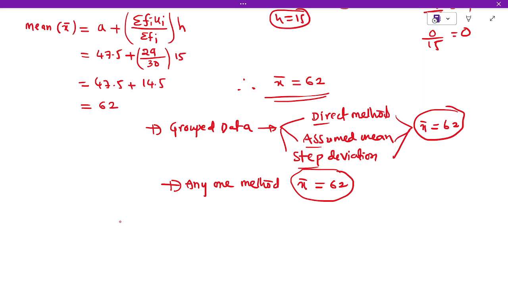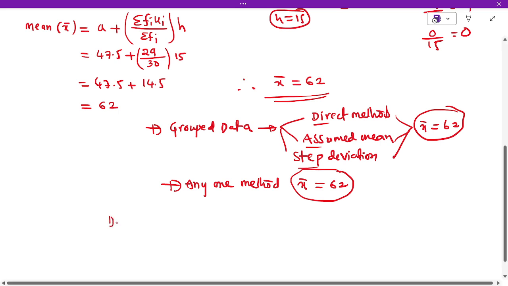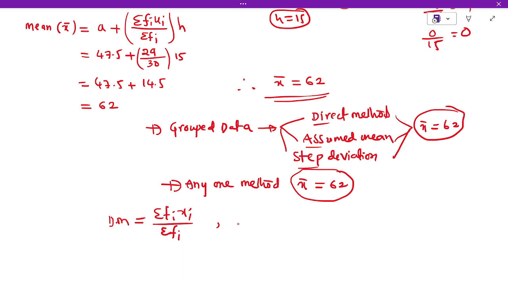The core concept behind the mean is the same: the sum of all the observations divided by the total, right? In the direct method, we used sigma fi xi by sigma fi, and then instead of xi we replaced it with di, so our calculations become very small, right? In the assumed mean method, we took a larger number, the assumed mean, and took the deviation from it, so the formula has fi di, then sigma fi.